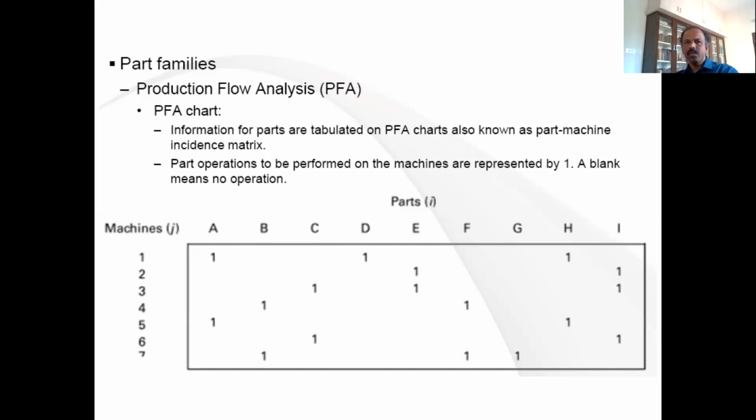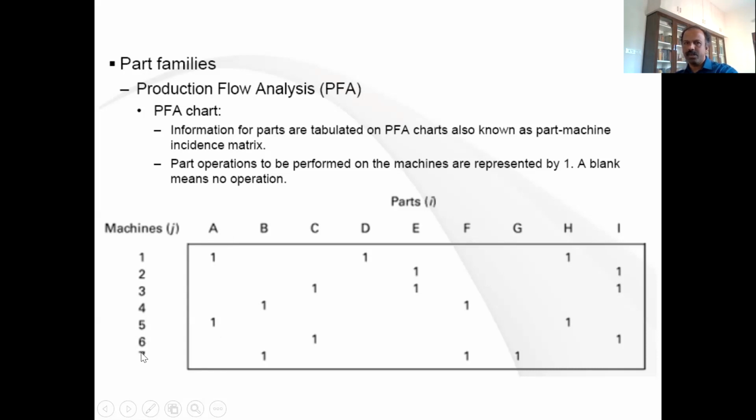Now, we'll understand how the processing is supposed to occur. If you consider part A, it requires only machine number 1 and machine number 5. Just imagine if you process part A on machines 2, 3, 4, 6, and 7, will there be any use to us?